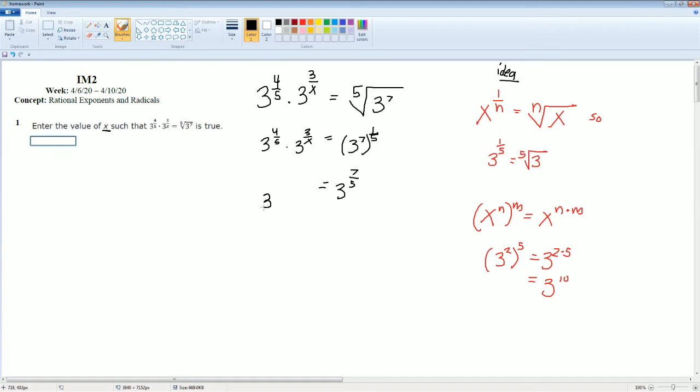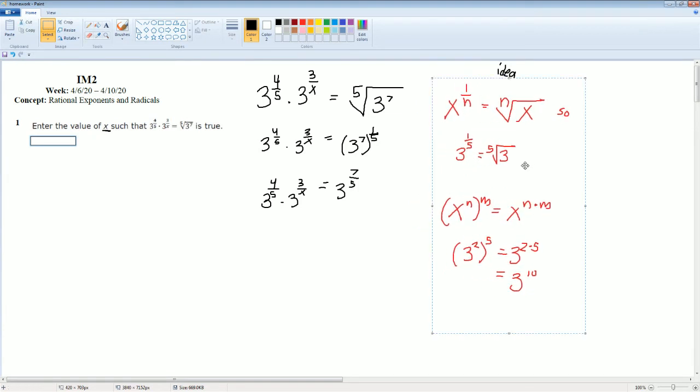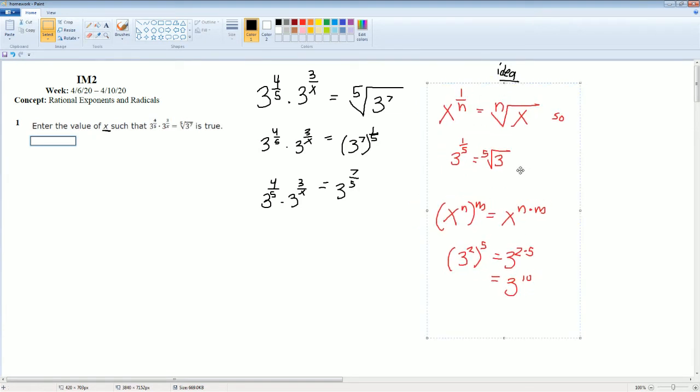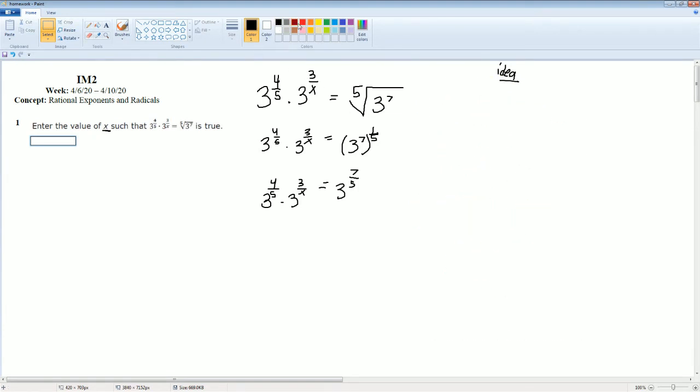Next, we have to figure out what these two together are. There needs to be a property here. You should already have these ideas in your notes. When you multiply these two, they have the same base.